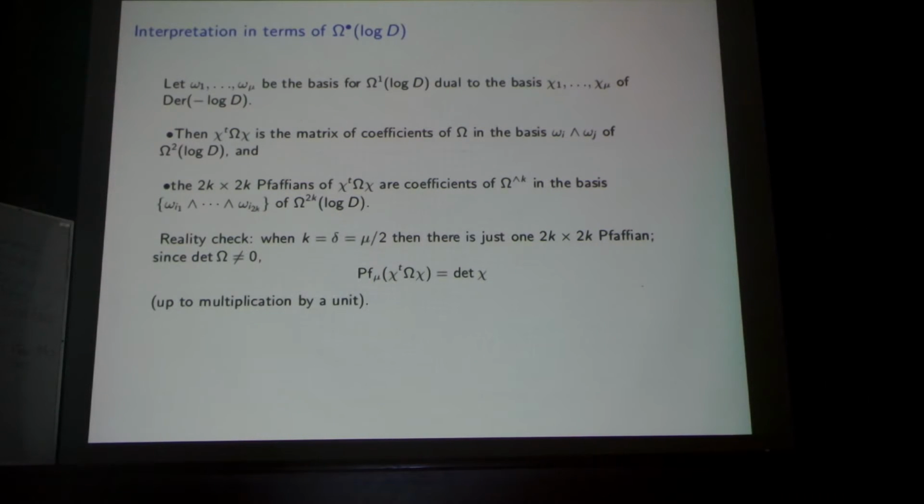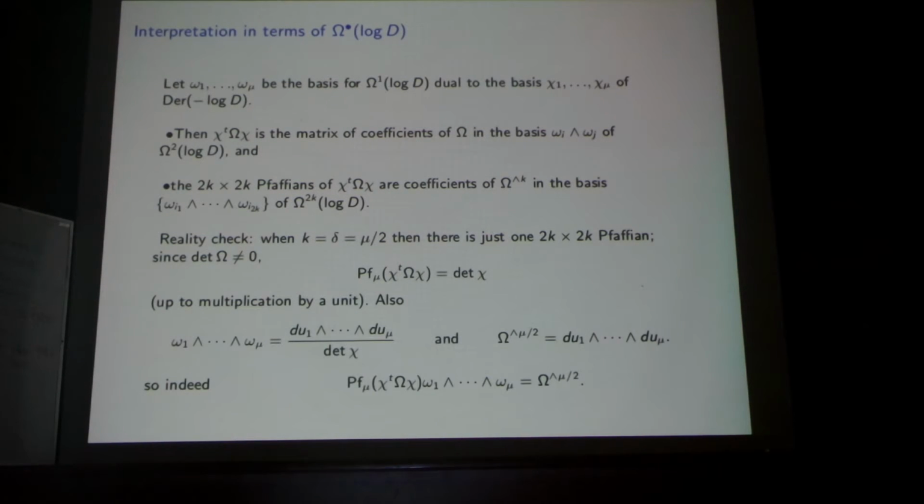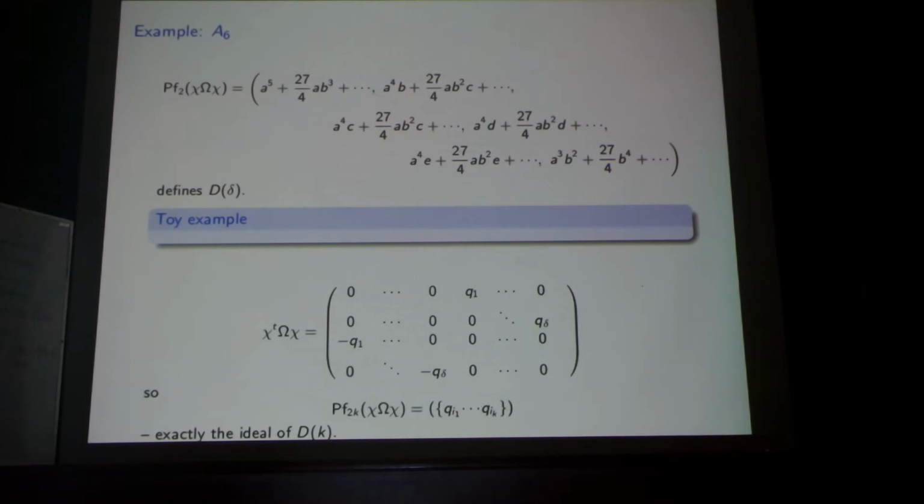And well, since I'm a little bit late, I'll press on here. You can check when k is equal to delta is equal to mu over 2, when we have just one Pfaffian, then this all works very nicely. But I won't go into that.